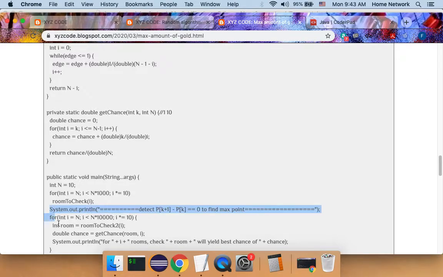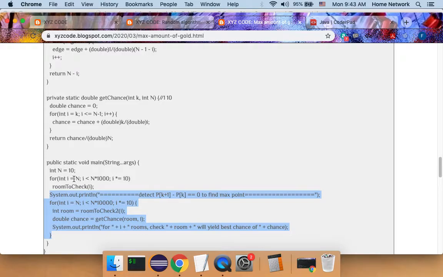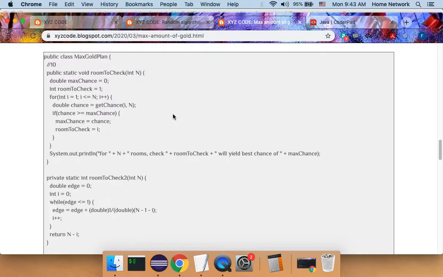Let's not look at this part first. Let's look at this part. For example, first we have n equal to 10, check 10 rooms, then we will check 100 rooms, 1000 rooms, and the rooms to check is given by n, right? We will increase the number of rooms to check from 1 to n.